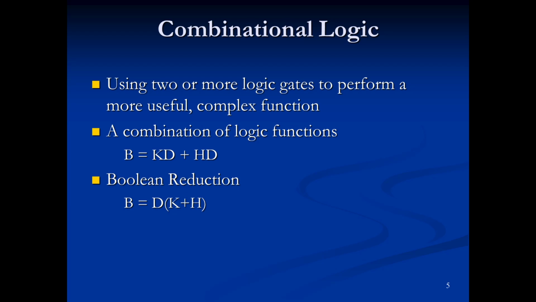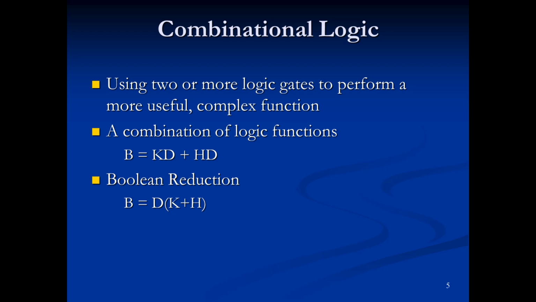So to start with, when we talk about combinational logic, the term just means basically using two or more logic gates to perform a more useful complex function, combining two or more logic gates to do something. Just as an example here, they give you B equals KD plus HD, or technically it's K and D ORed with H and D, but you'll find that I often abbreviate just to save time.